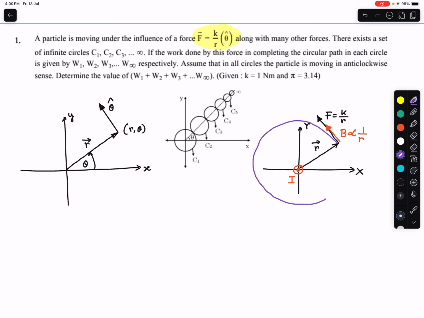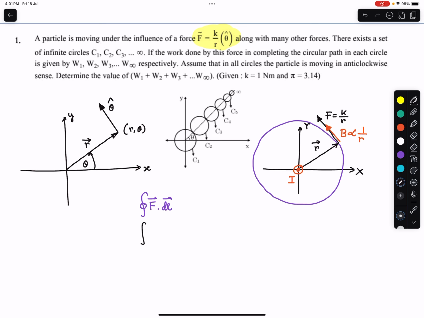So along the circle, the work done is nothing but integration of F dot dl over this closed loop. Just a minute. So integration F dot dl over this closed loop, and this integration F dot dl will be how much? Actually, see here you can compare.